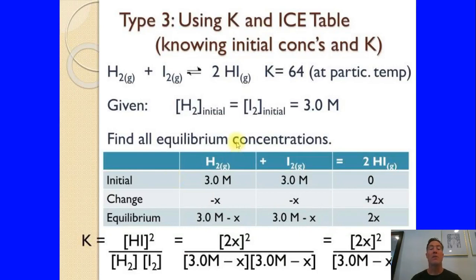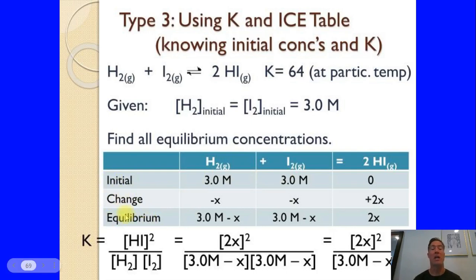All right, so here are some calculations of K if we know the initial concentrations and we know the equilibrium constant, and this is going to use what's known as an ICE table. An ICE table is where we track the initial concentration, then any change, and then finally the concentration at equilibrium.